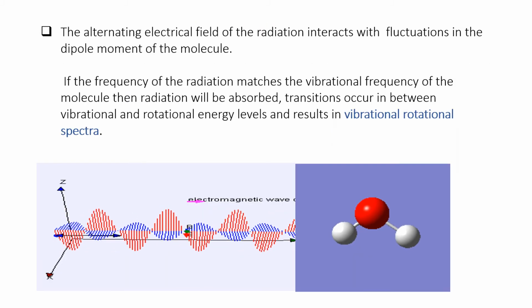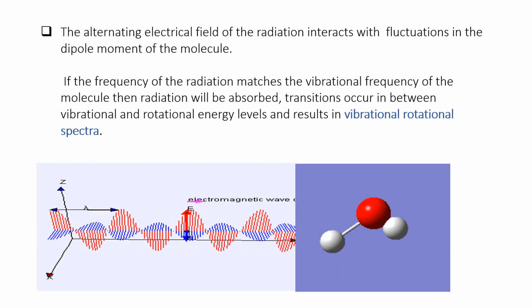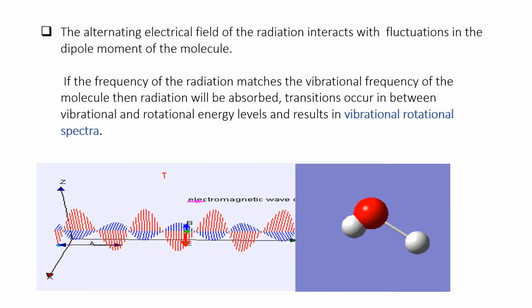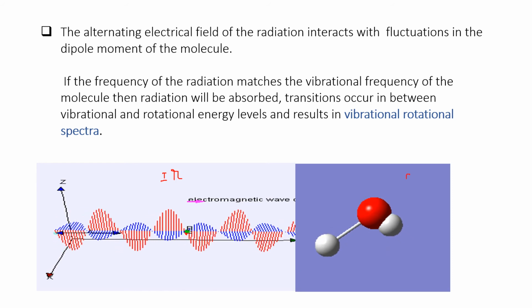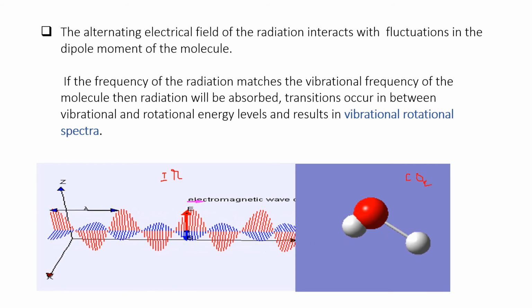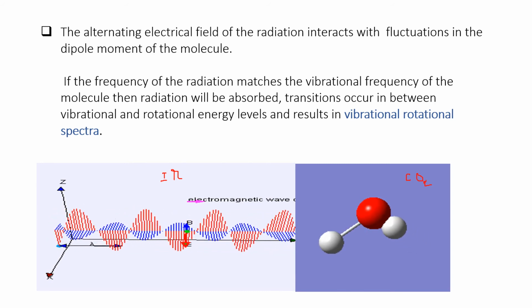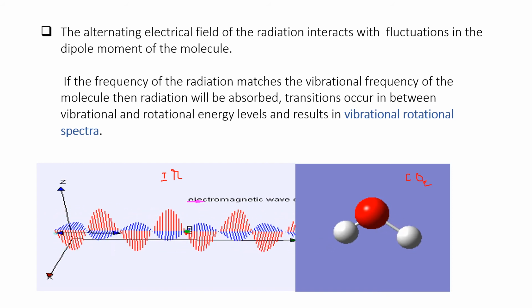So let us see how the interaction occurs between IR radiation and a molecule. Here I am taking a CO2 molecule. Let this be a CO2 molecule which is showing asymmetric vibration. So when there is asymmetric vibration, there is a change in dipole moment.